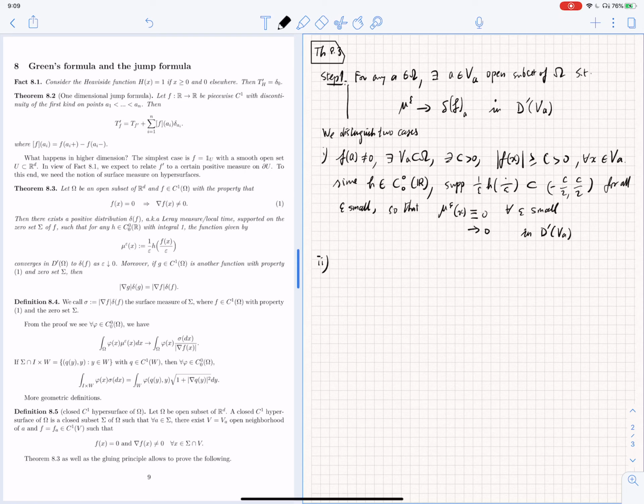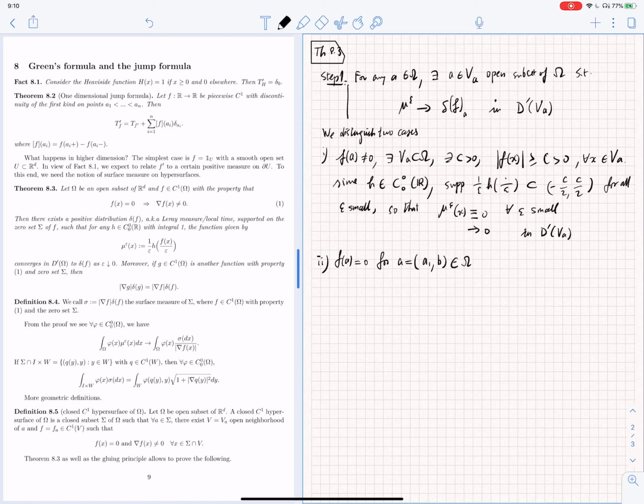Okay, so the other case is much more complicated than this. We have to show that there exists a non-trivial object as the limit, this delta f thing. So the other case is when f of A is equal to 0, so A is in the zero set of f. For the sake of the proof, let me just write A as (A1, B) included in omega.